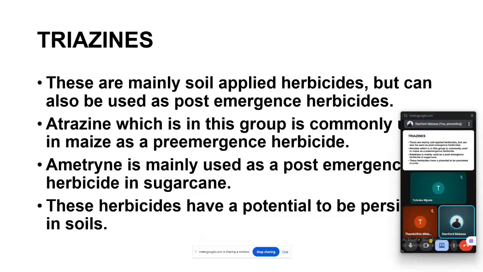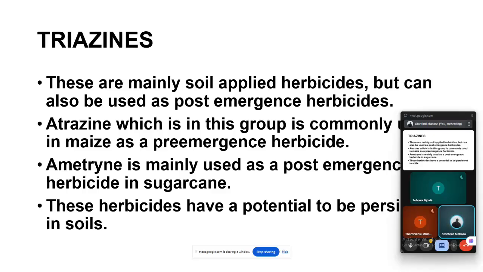Now we move on to herbicides. It's quite a mixture. Here on the herbicides, I've just taken an example from triazines. These are mainly soil-applied herbicides, but can also be used as post-emergence herbicides. Atrazine, which is in this group, is commonly used in maize as a pre-emergence herbicide.